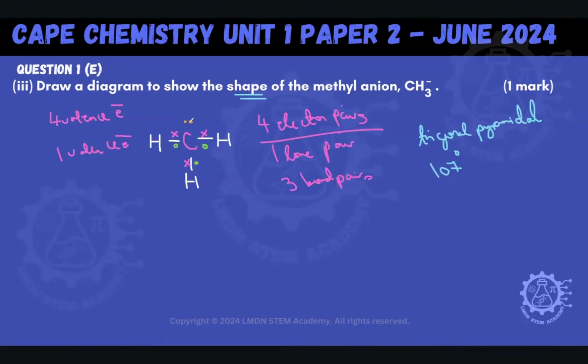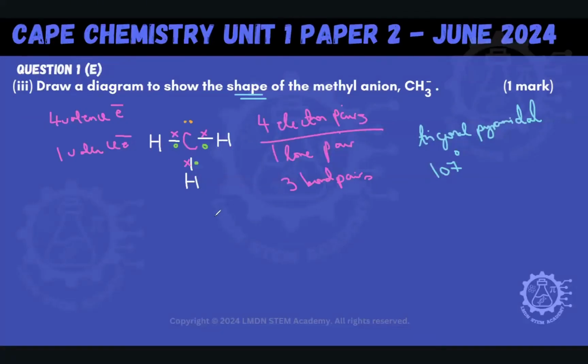So what we said is that if we have a lone pair beside a bonded pair, that's going to be a lot of repulsion, much more than if the bonded pair is beside another bonded pair. So what we can do is we can squish this hydrogen. This lone pair is going to push this hydrogen down, to get the minimal repulsion in that molecule as a whole.